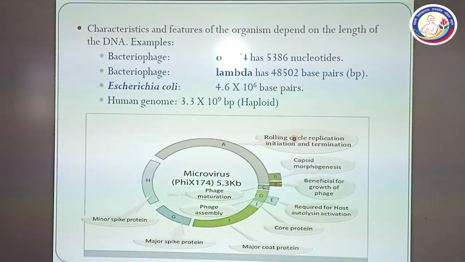This is a gram-negative bacteria, it contains 4.6 into 10 to the power 6 base pairs. So these are the different numbers of base pairs. And as far as human genome is concerned, it contains 3.3 into 10 to the power 9 base pairs, and these base pairs are calculated in the haploid set of chromosomes.